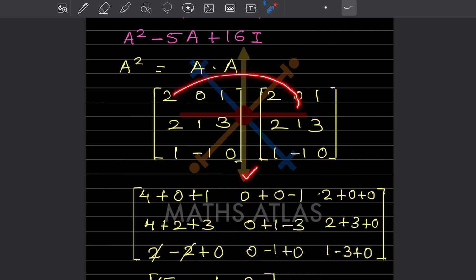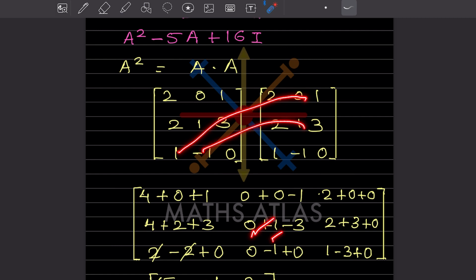Again here 0, 0, minus 1. 0, 1, minus 3. Then 0, minus 1, and this will be 0. So this also is done.